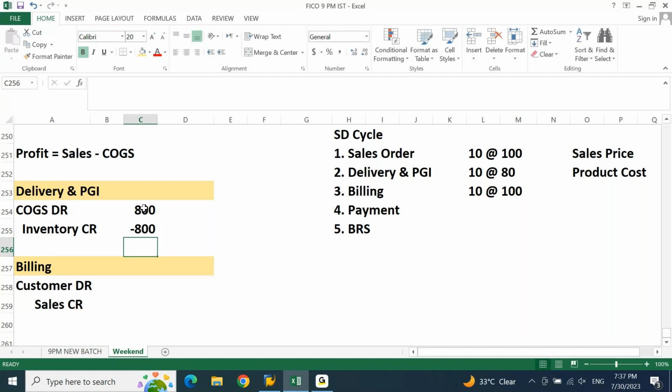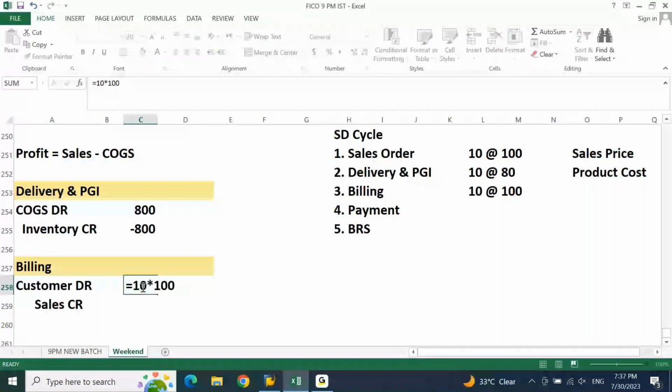Now when I'm doing billing to the customer, my customer billing will be based on 10 multiplied by 80 or 10 multiplied by 100. I'll take 10 multiplied by 100 and put 10 multiplied by 100. This is what I'm getting.